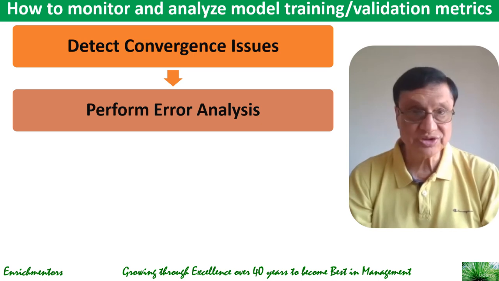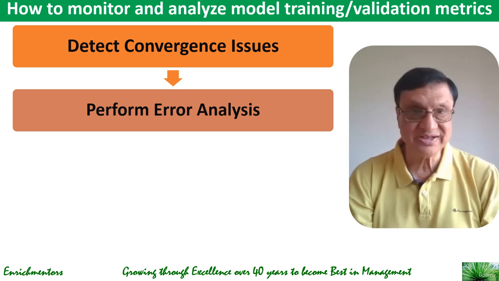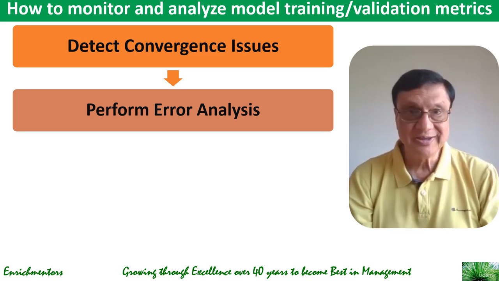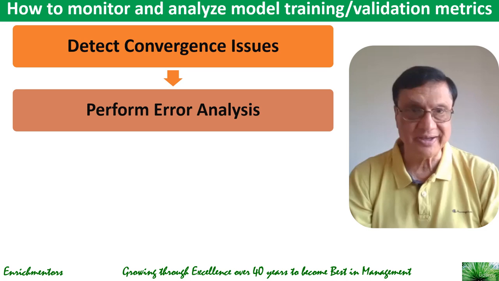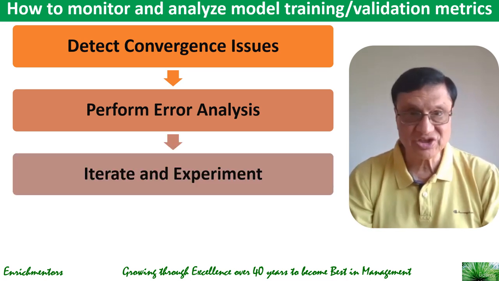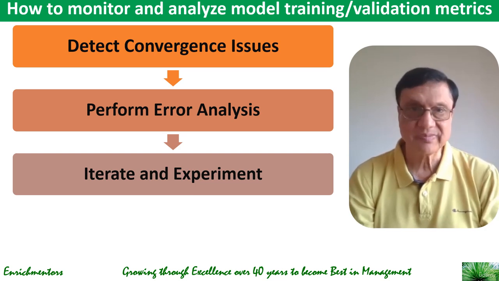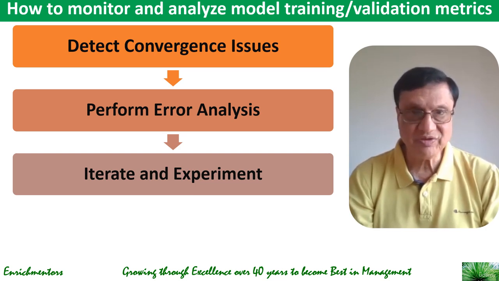Here you can use techniques like confusion matrix, precision recall curves, or residual plots to gain insights into the model's behavior and potential sources of the error. Then make adjustments to the model architecture, pre-processing steps, or optimization strategies based on the analysis of training and validation metrics.